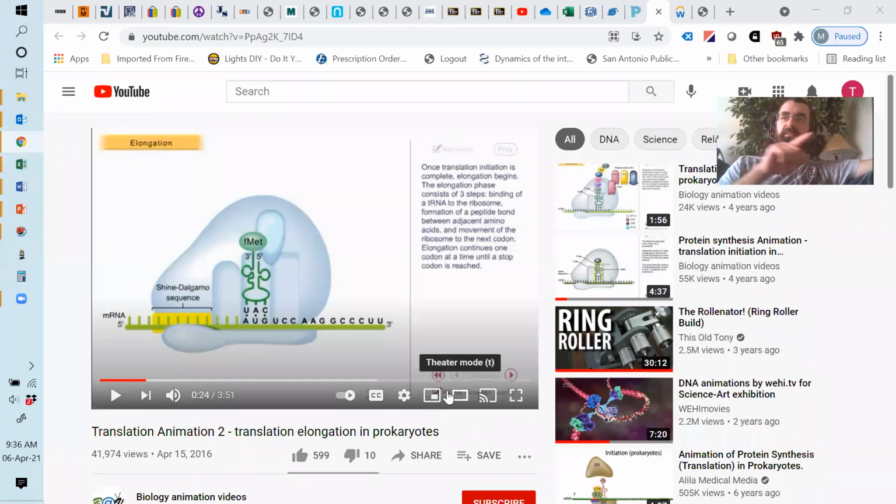How does that amino acid get added to that protein? What does the translating part? It also has a T at the beginning of its name. Just one T.